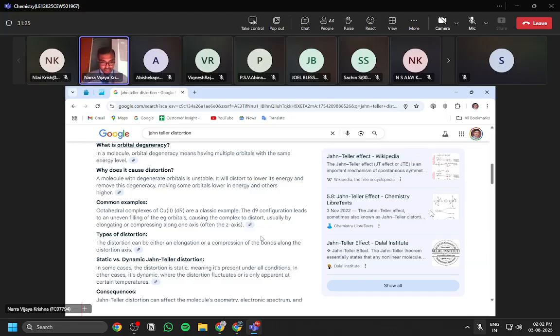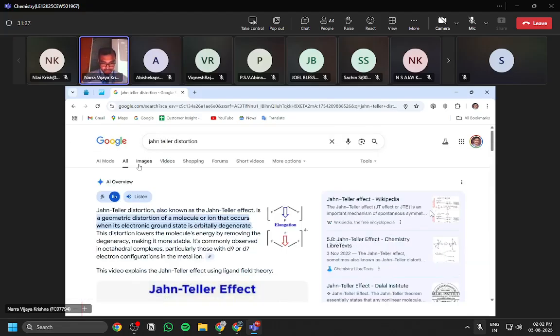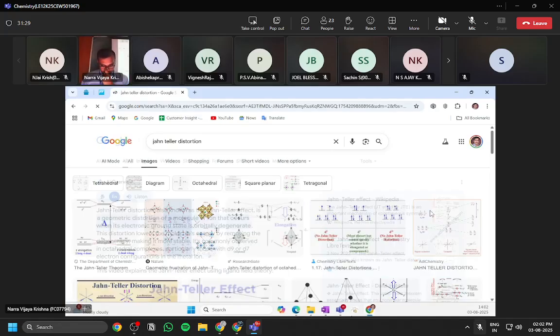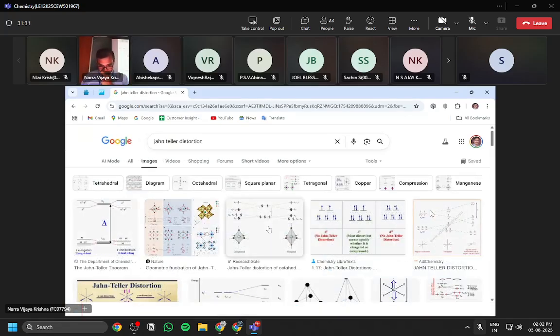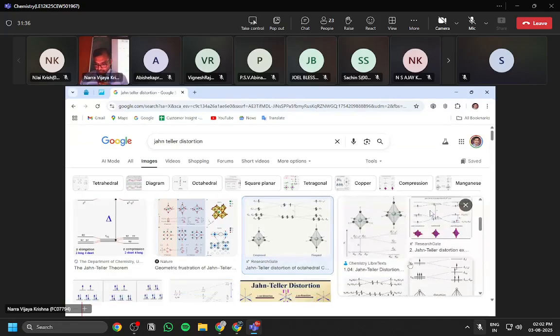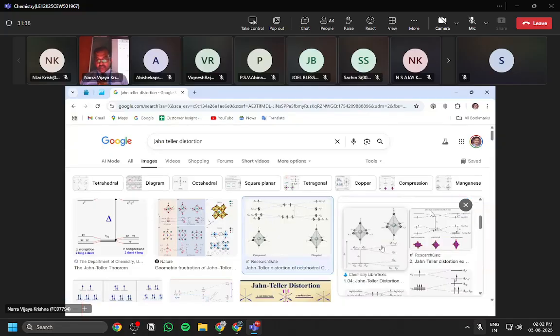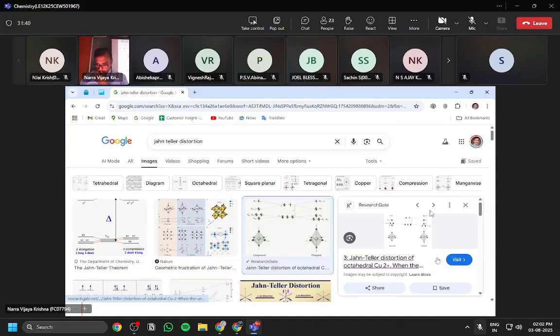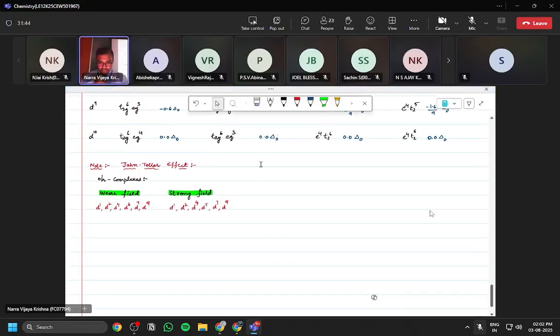Clear? Better I will take an image of it. I will take this image. I think in weekdays also I have taken this image.